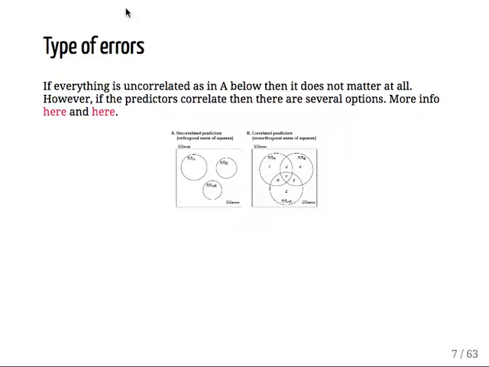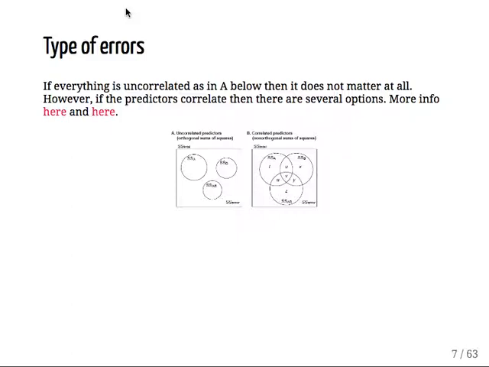So if everything is uncorrelated, so if all of your factors are uncorrelated, none of this matters at all. So if all of your factors are completely experimentally separated, or there's no correlation between them, the sums of squares really doesn't matter, because you have this type of scenario: the sums of squares for A, sums of squares for B, and the sums of squares for AB, for example, for the interaction.